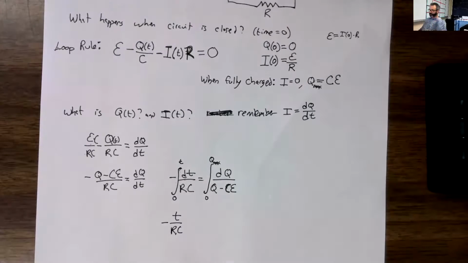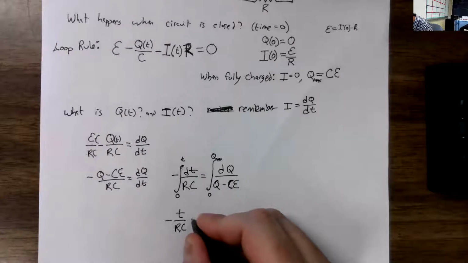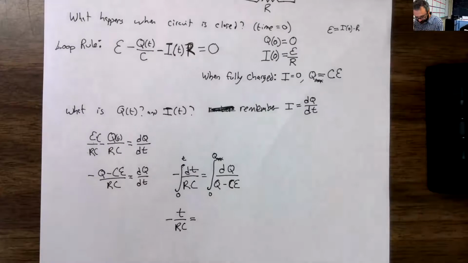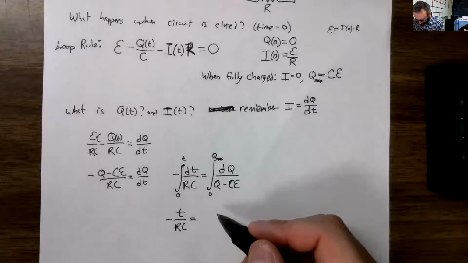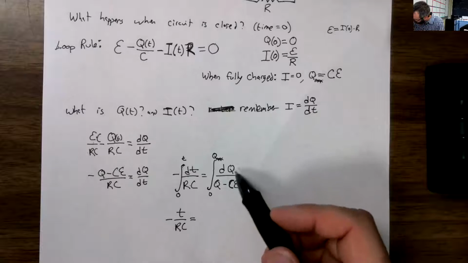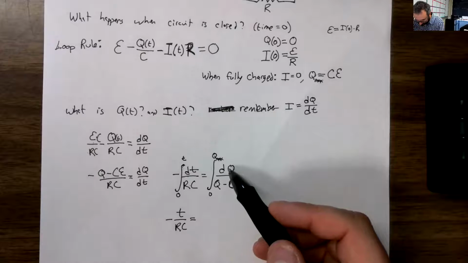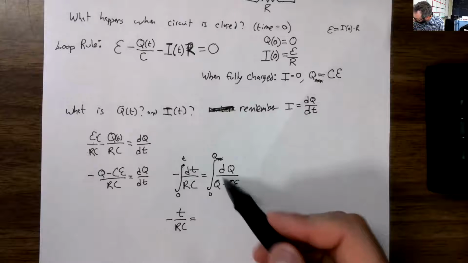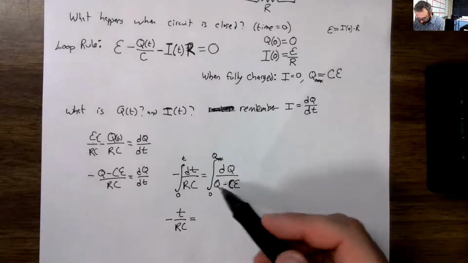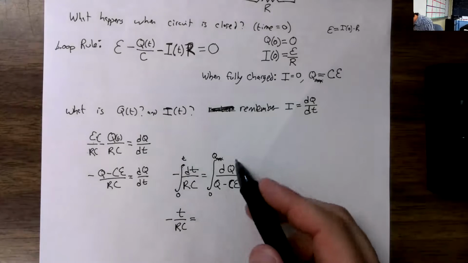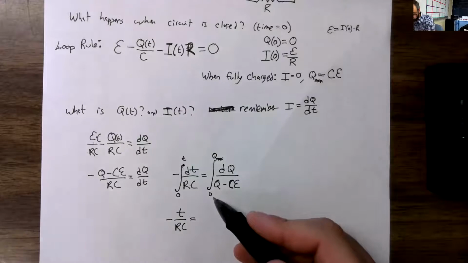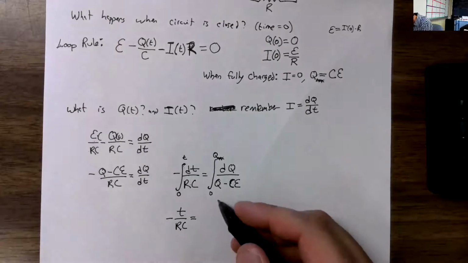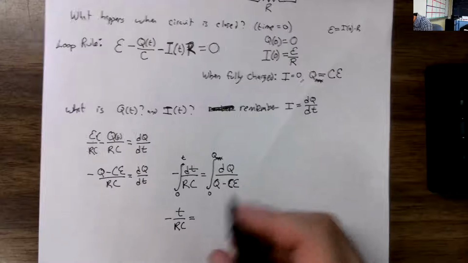All right, when I do that integral, I don't want to take too long to worry about doing these integrals. Some of you will be able to do them probably, some maybe not yet, but that's all right. Then I'm going to integrate this side. This side I do have a q, and it's in the denominator, so I'm going to end up with a natural log, because if I integrate dx over x, or in this case dq over q, I get a natural log, and it should work out in this case, since it's q minus CE.